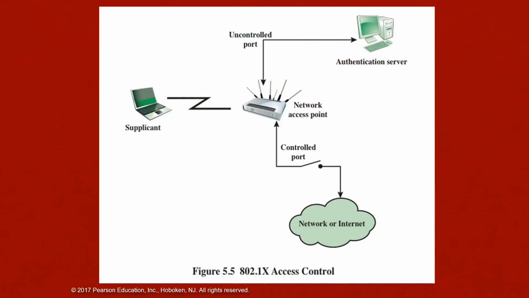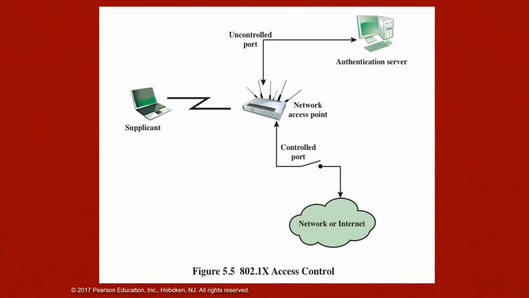As indicated in the figure, 802.1x uses the concepts of controlled and uncontrolled ports. Ports are logical entities defined within the authenticator and referred to physical network connections. Each logical port is mapped to one of these two types of physical ports.